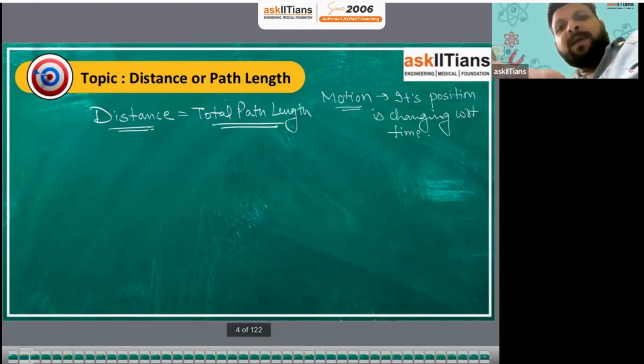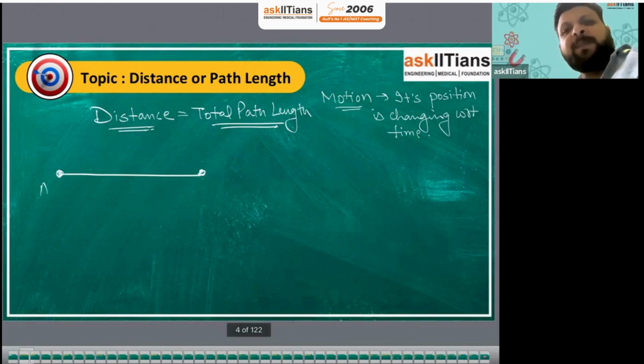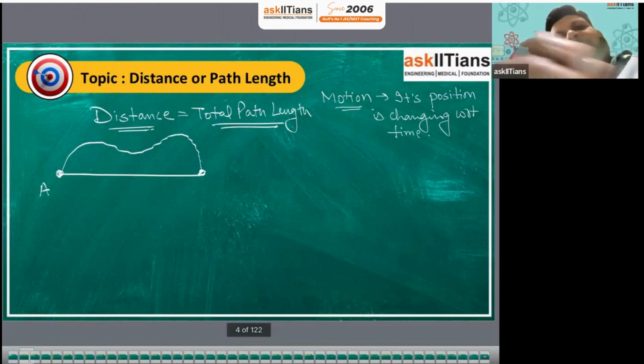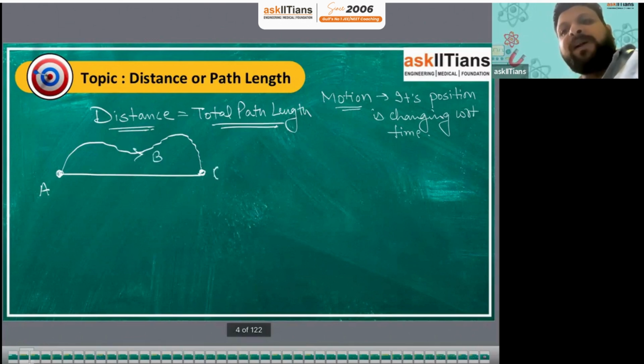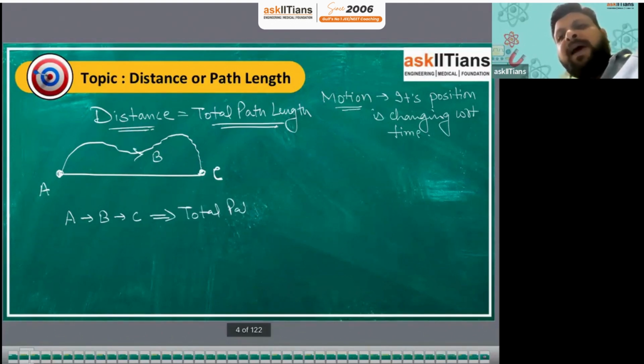Suppose any person started its journey from point A and it is moving through some curved path. So from A via B, he reaches to some point C. So that A to B and then C, it is the total path, and its length is known as the distance.